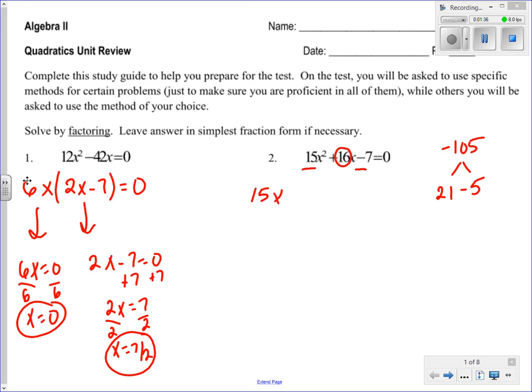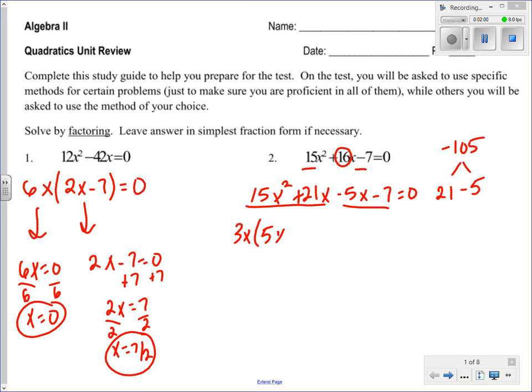So we're going to go ahead and split our middle. If you wrote minus 5x first instead of the 21x, that's fine. Order does not matter on that. You'll still be able to factor. Okay, so we're going to break up and do factor by grouping from here. 3x goes into our first 2 terms.